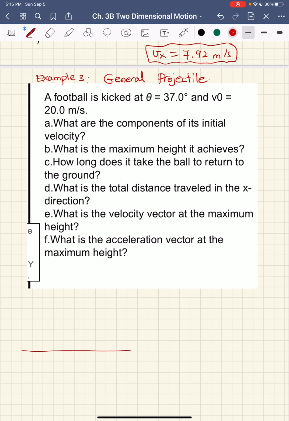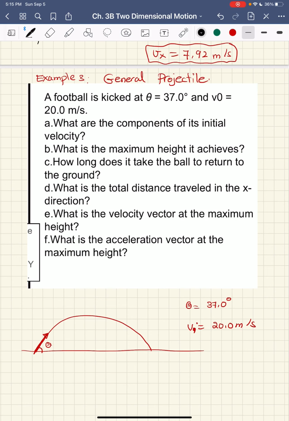It is when you have an object that was fired in this way, and this is the angle here, and theta is 37, and VO is 20 meters per second. It was given, or VI, let's say I'm using VI.